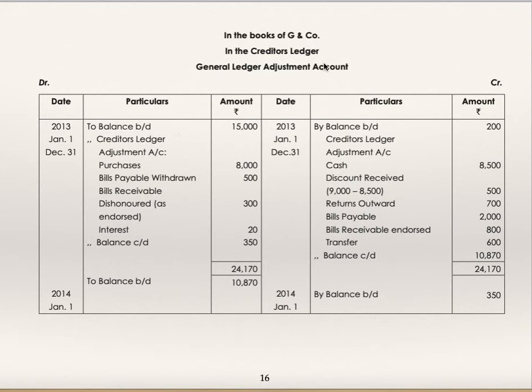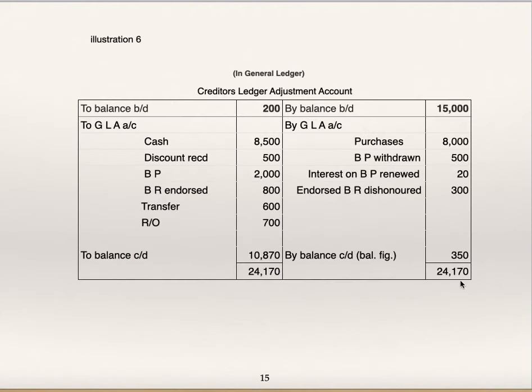In the creditors ledger, general ledger adjustment account, to balance brought down 15,000, by balance brought down 200. By creditors ledger adjustment account, to creditors ledger adjustment account, and all remaining you will find it. This is your balancing figure. 10,870 is given and 350 is the balancing figure.